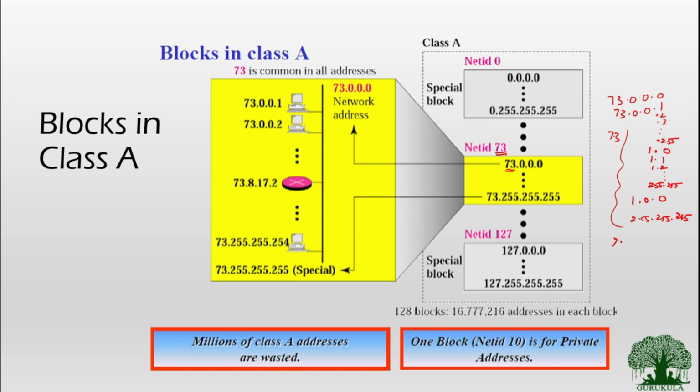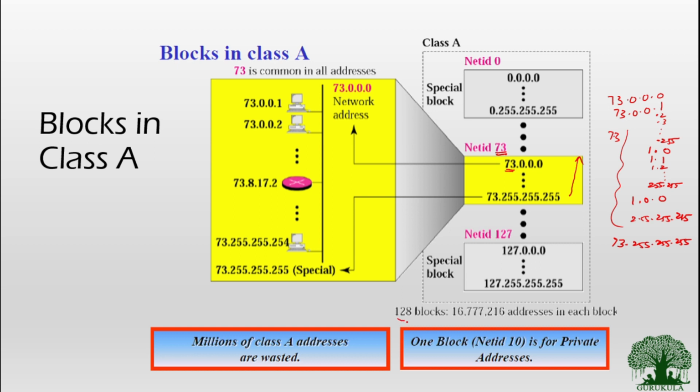So totally, up to 73.255.255.255, these many IP addresses are there in class A, and that is only for one block. Similarly you have 127 other blocks.